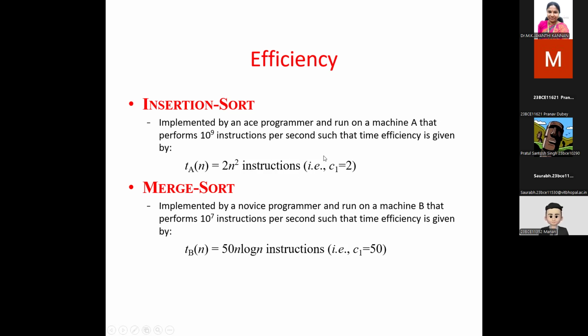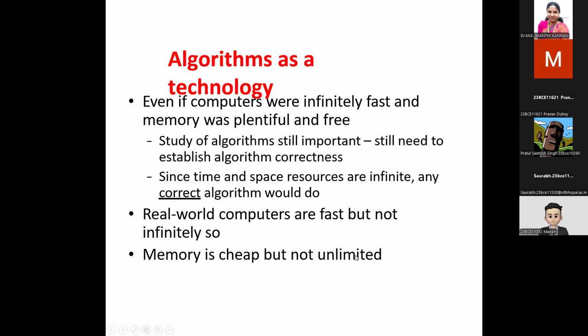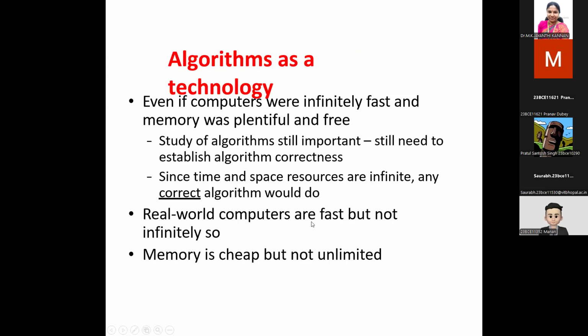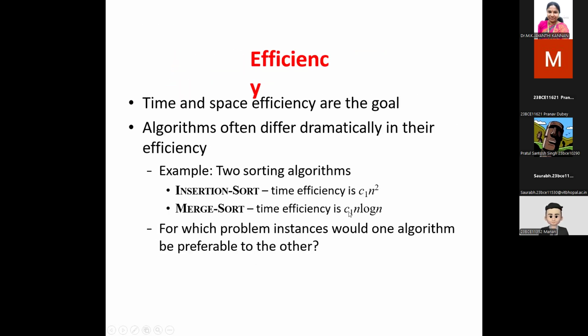Here the error factor C1 is less in this particular machine. The error factor C1 we saw previously is the minor error factor in the formula. The algorithm is big O of n log n or big O of n square, but depending upon the machine, the error factor C1 differs.